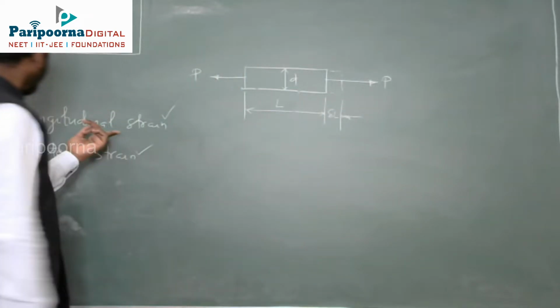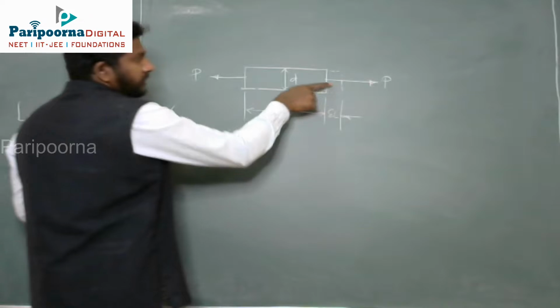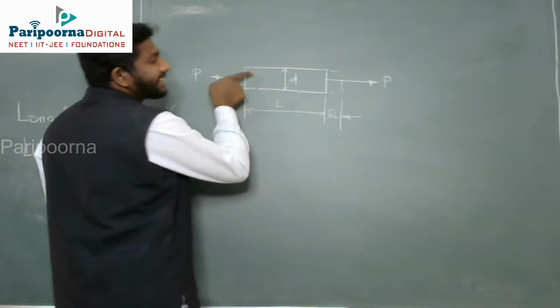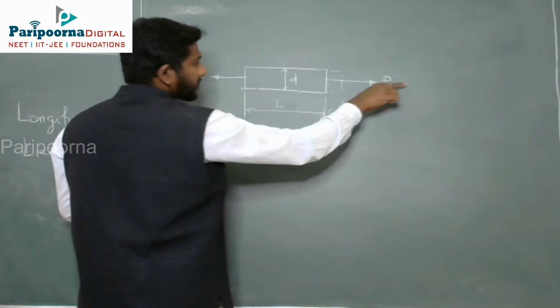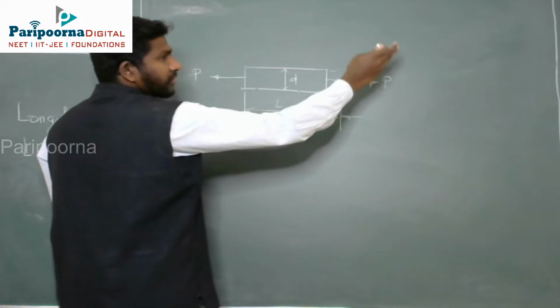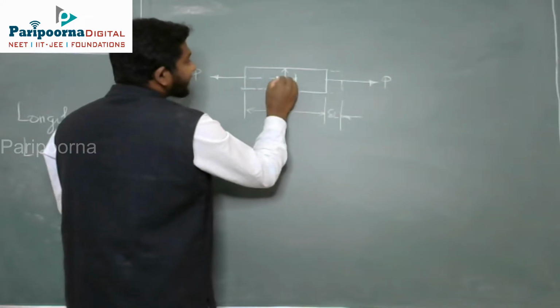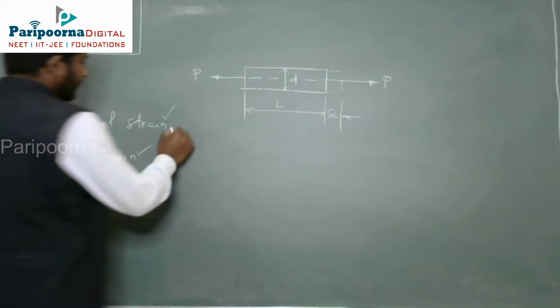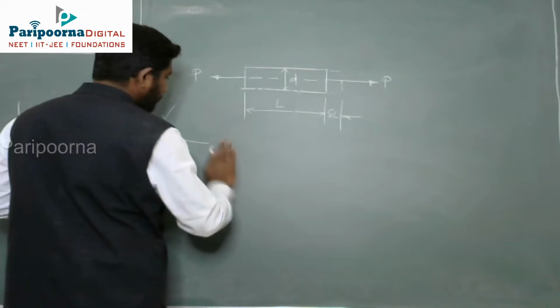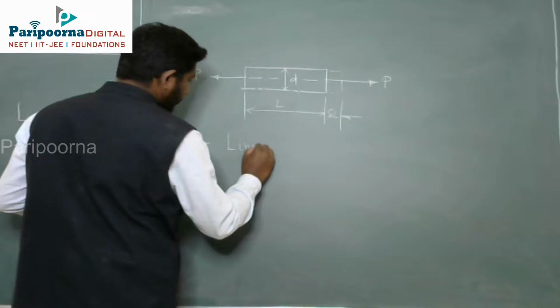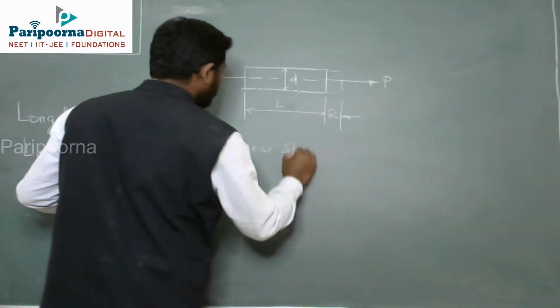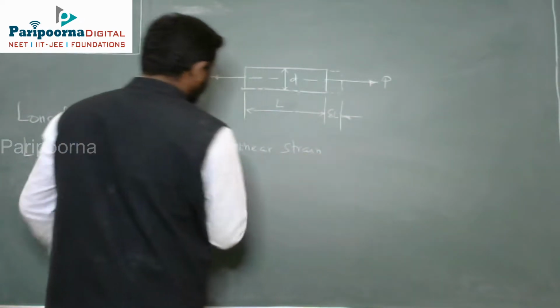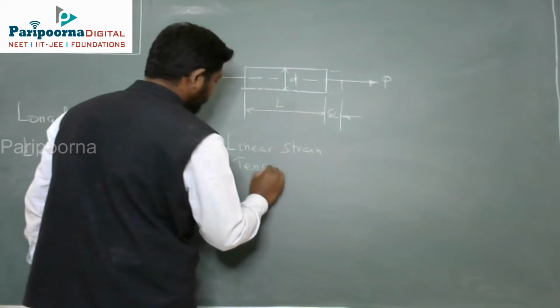Now, how can you define longitudinal strain? The length of the object is increasing along the load direction, along the line of action of the load, or along the axis of the member. This is nothing but longitudinal strain. Another name for longitudinal strain is linear strain.